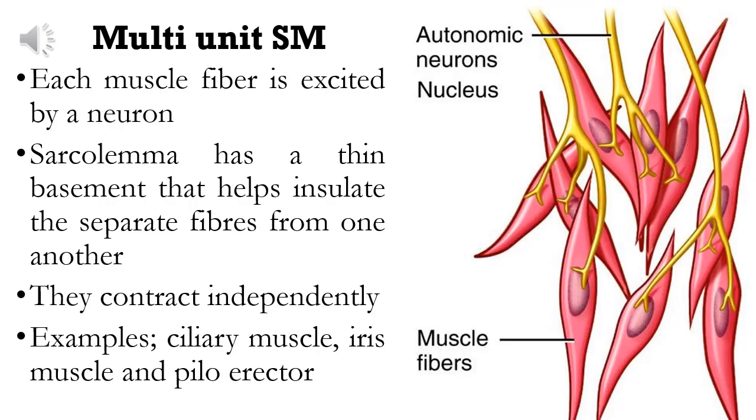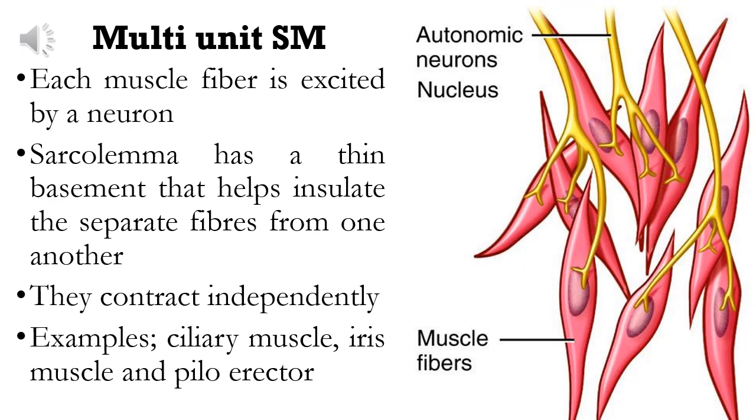On the other end, we have our autonomic neuron controlled smooth muscle, also known as the multi-unit smooth muscle. Each of them is excited by a neuron, or a neuron can stimulate several of them, as seen in this picture, but each of them has supply from a particular neuron.